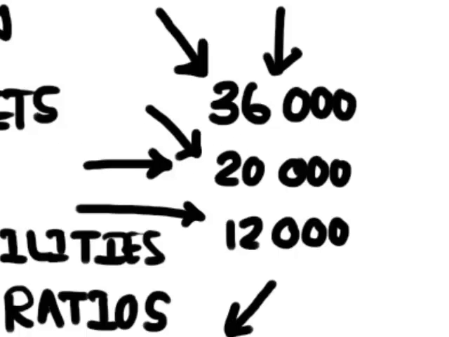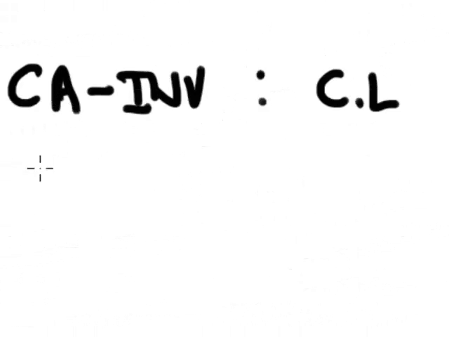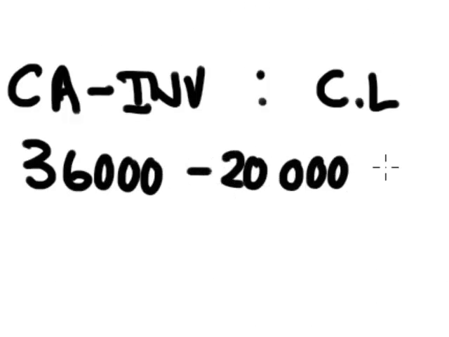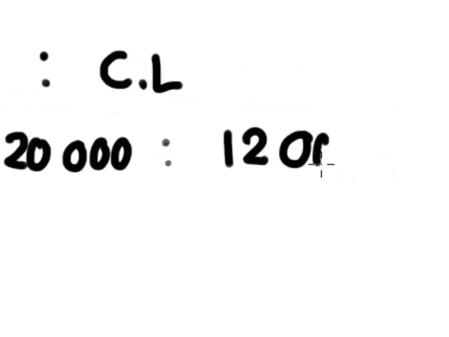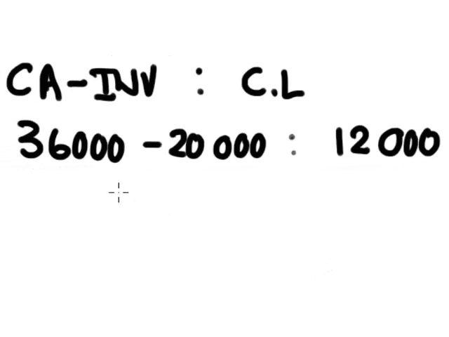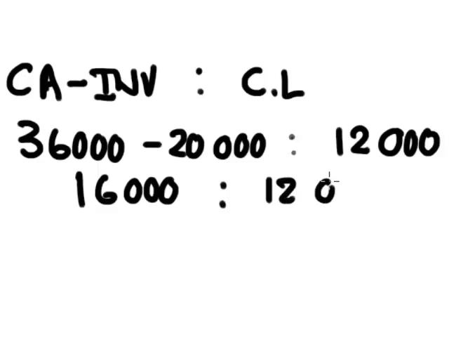So we say 36,000 minus 20,000 is to my current liabilities of 12,000 rand. We are left with 16,000 is to 12,000.